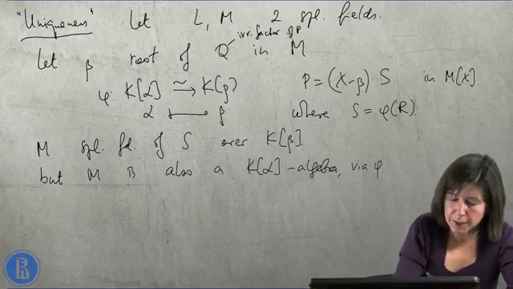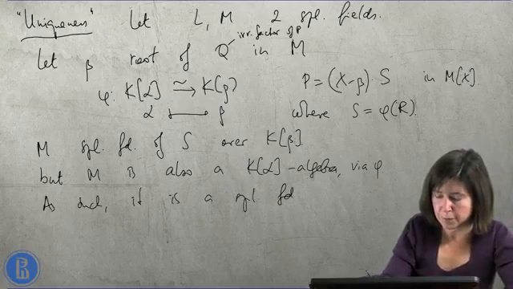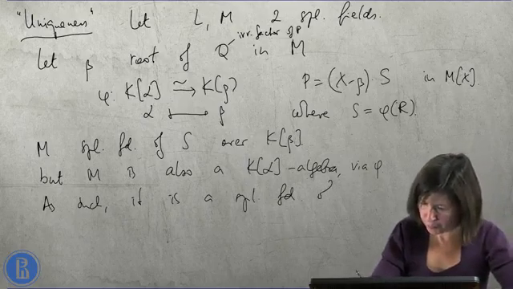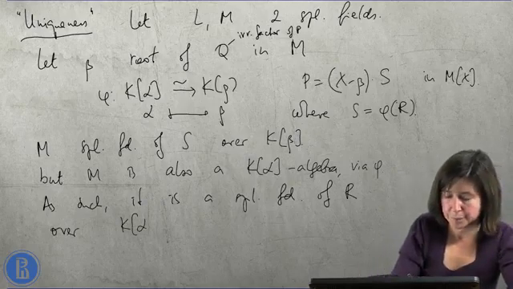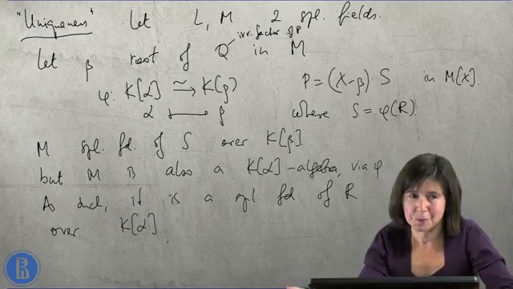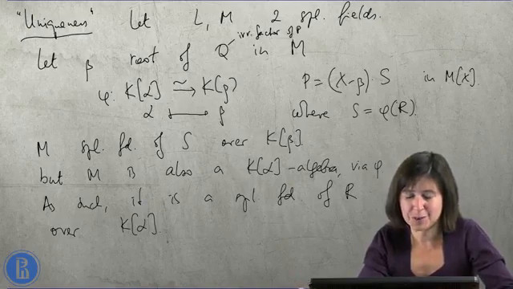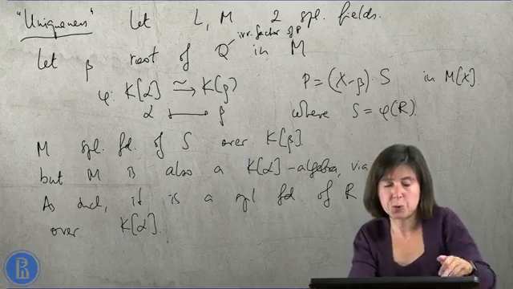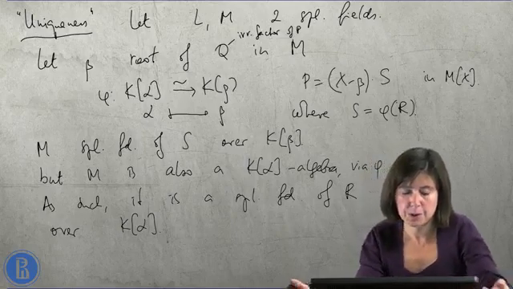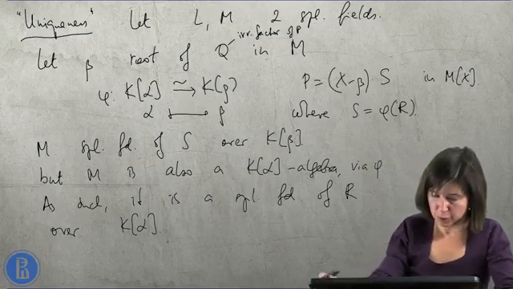And as such, it is a splitting field of R over K of alpha. Well, I know you have to meditate about this a little bit, but this is true. As soon as you view M as a K algebra, you sort of take this phi into account. So M is also a splitting field of R over K alpha.